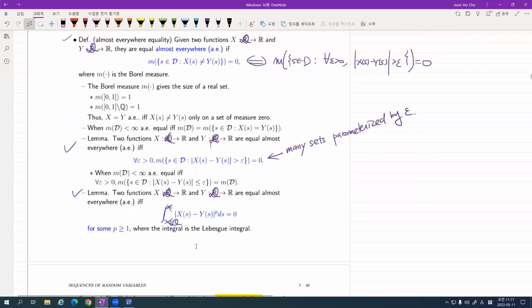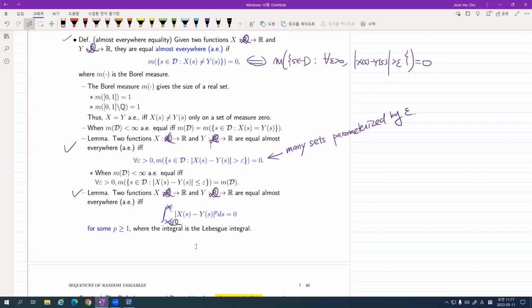Okay. So for almost everywhere equality, we first naturally defined it using the set, like this one. That is the definition. And the equivalent definition is that one. But here, p could be any real number greater than or equal to 1. So actually, this definition has uncountably infinite sub-definitions. Anyway, and here goes the third one, using for every epsilon positive.